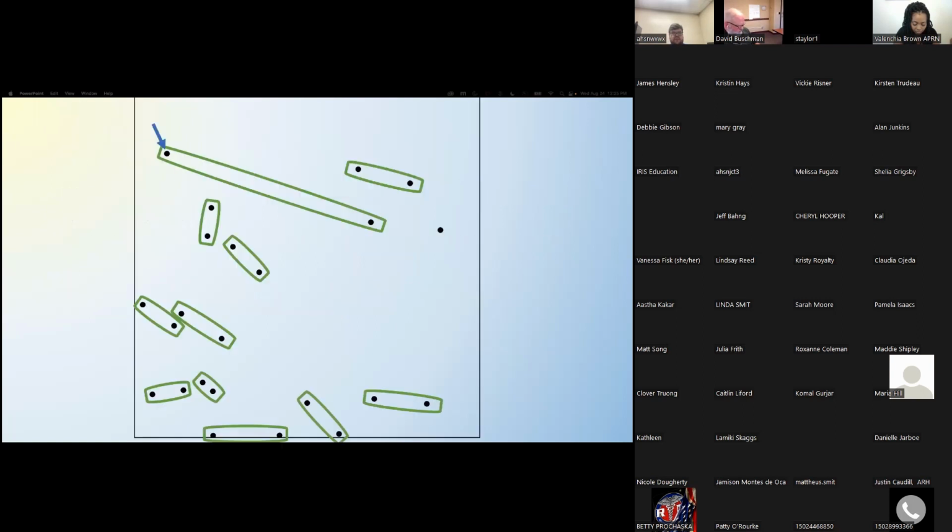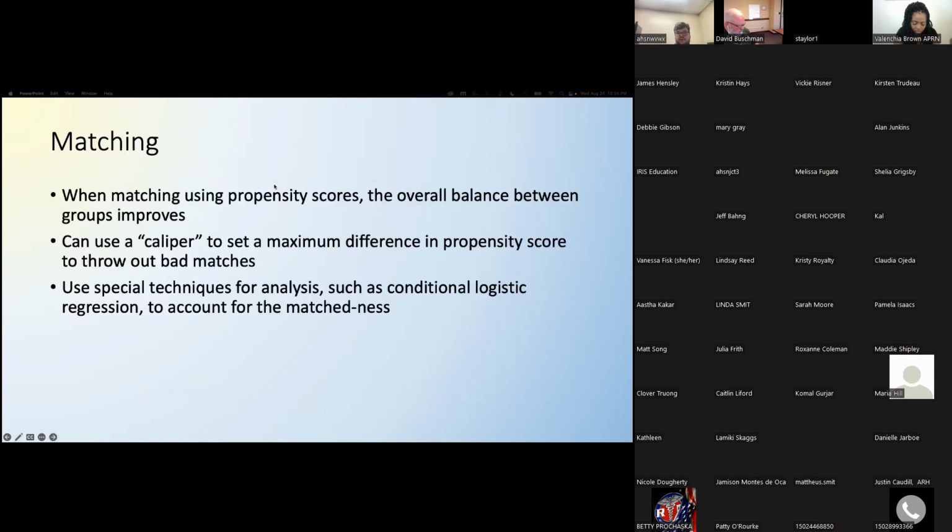In the example of this patient here that has the really long match distance, you can use a caliper to say that, let's say, halfway to it is the maximum distance allowed. That will throw out that match, and essentially that patient won't get matched. So you can use that to eliminate bad matches.